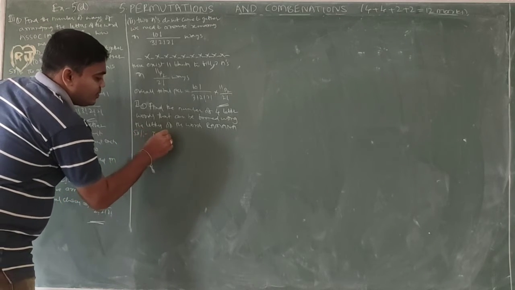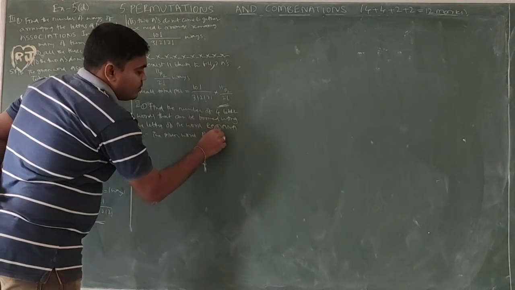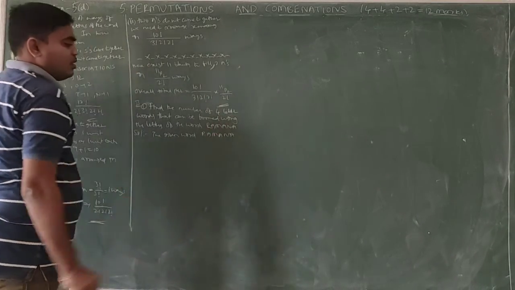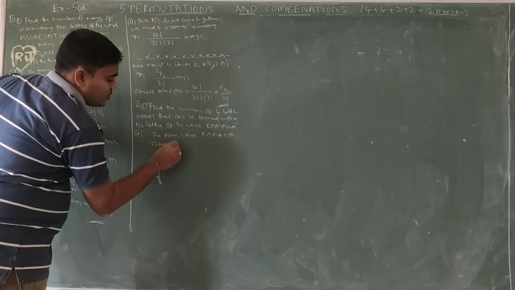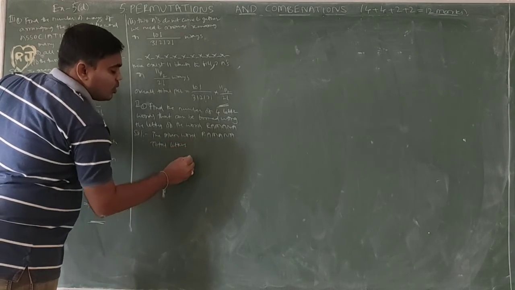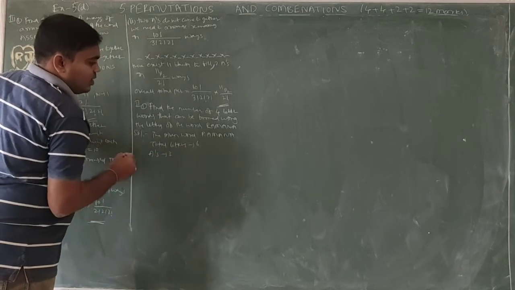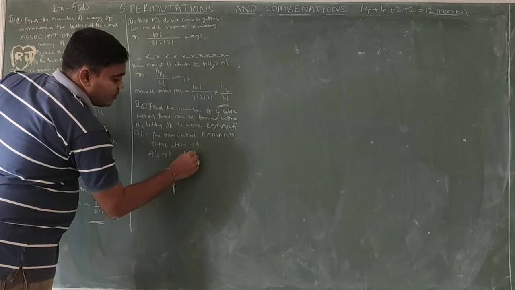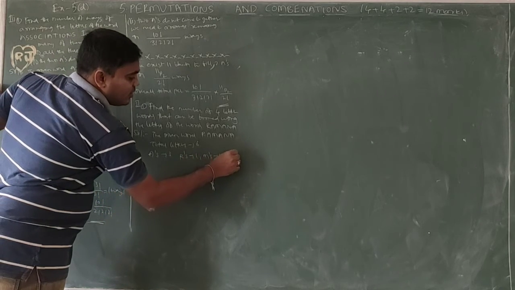Okay, so the solution. The given word Ramana. Total letters 6: A 3, R 1, M 1, N 1.